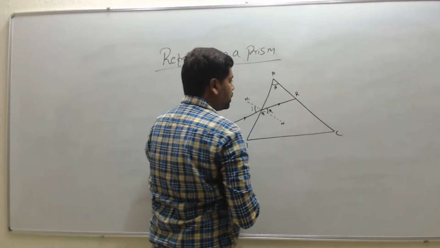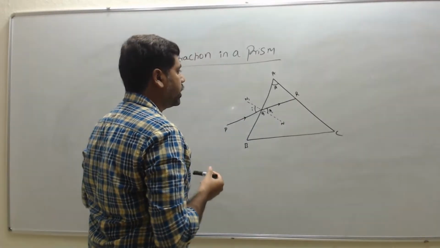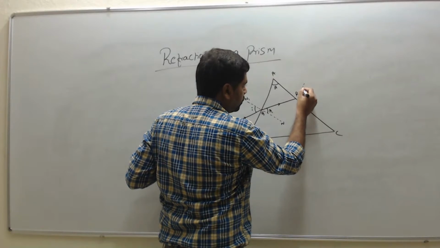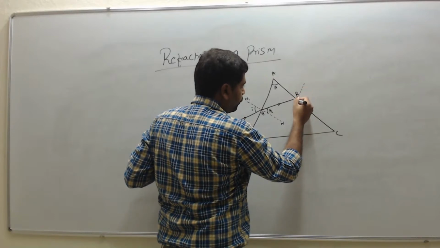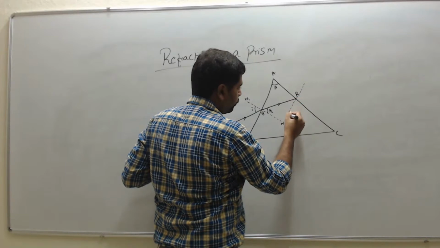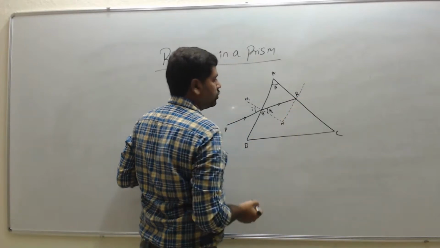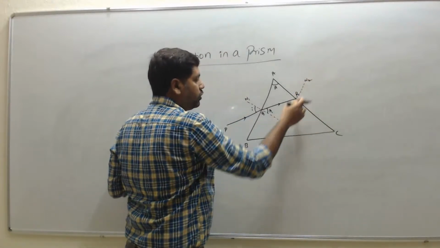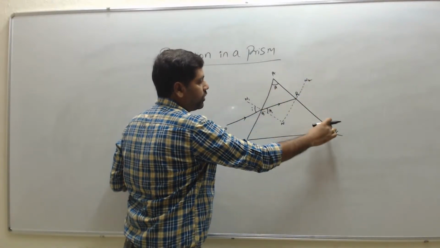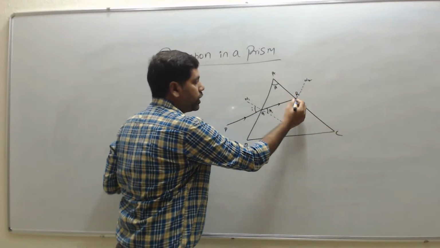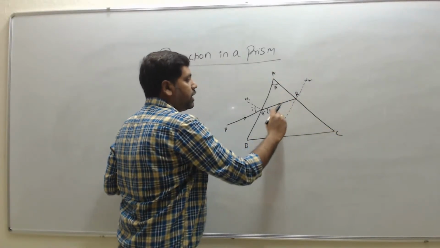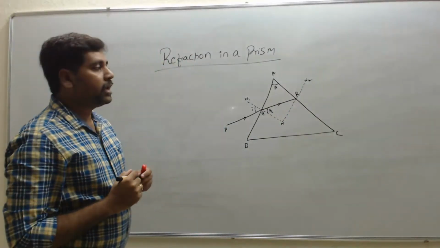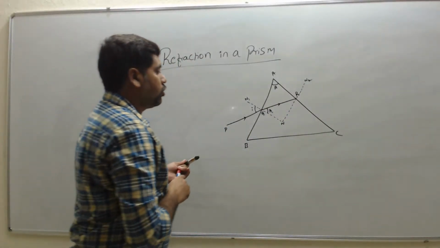If I draw the normal at point R, this is the normal, I call this N2. N2N is the normal to the surface AC at the point of incidence R. As the light travels from denser medium to rarer medium, the refracted ray is bent away from the normal.